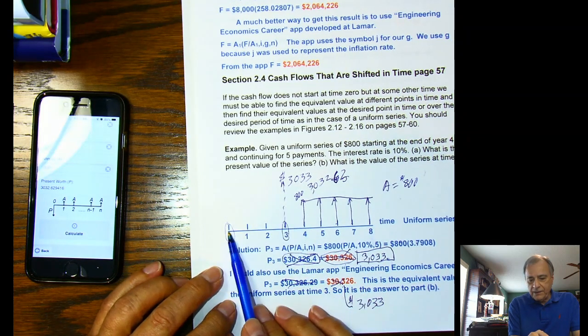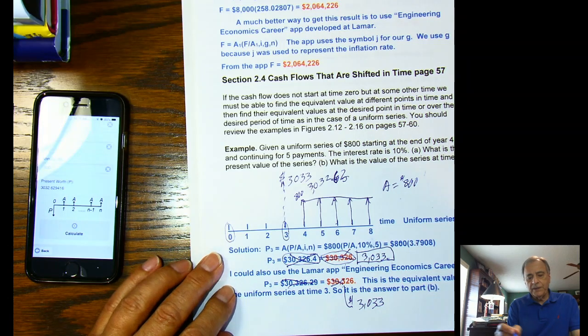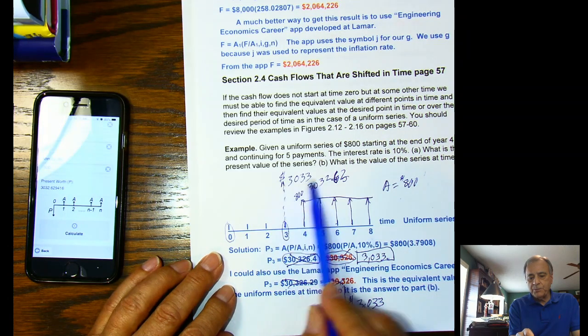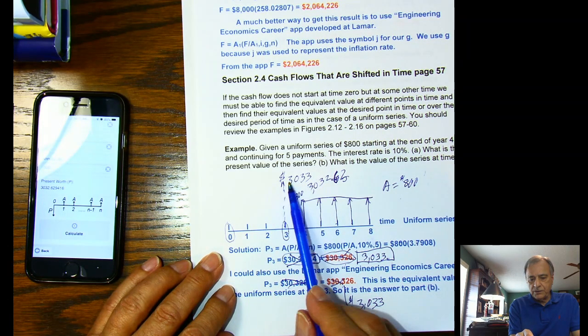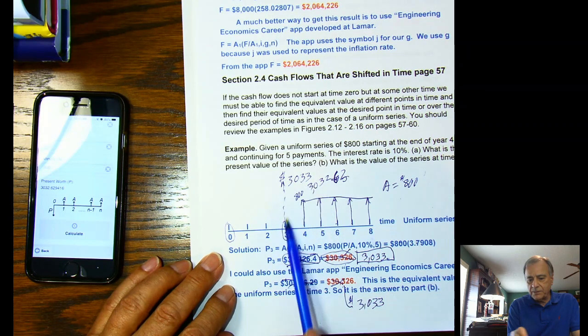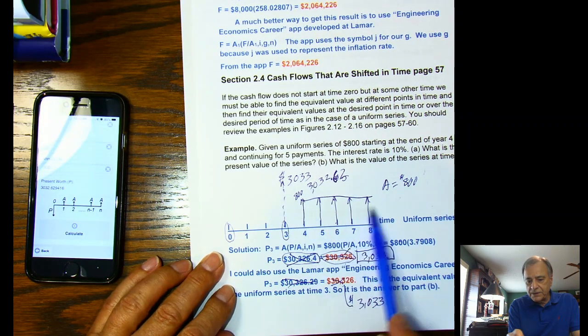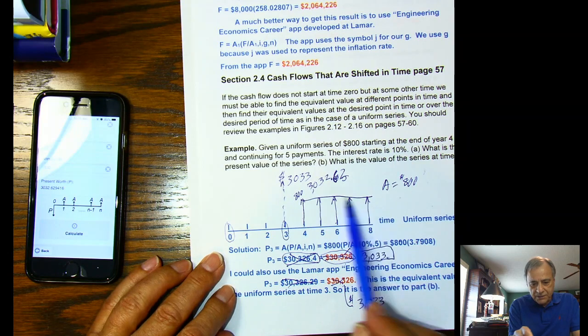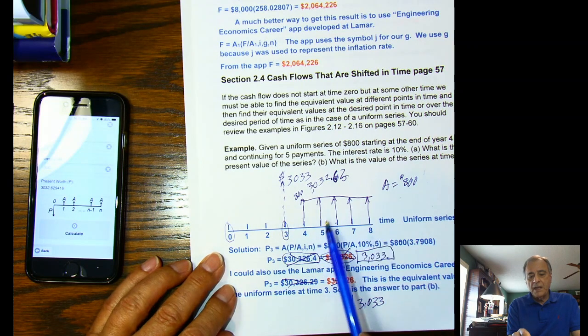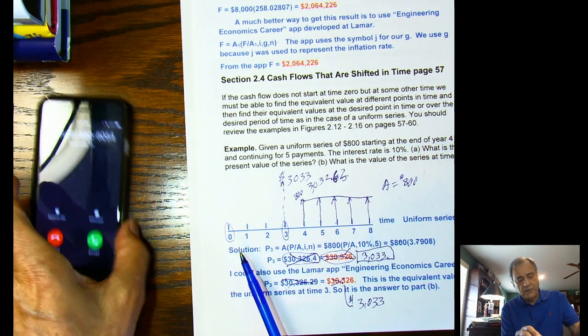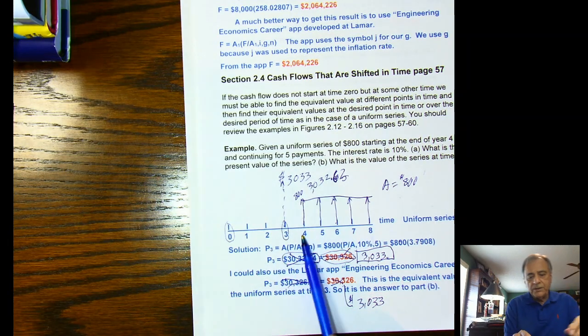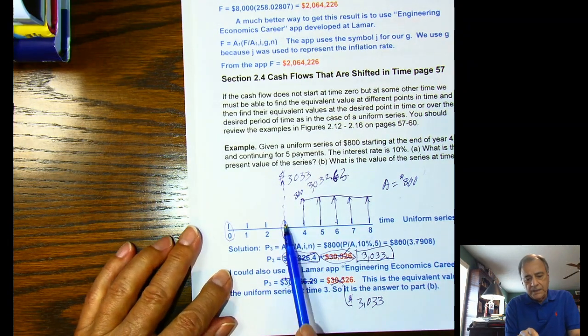Then to get the value here, we have to reorient. This value is a present value. This $3,033 is a present value relative to this series, because it's back here from the series. But relative to this time, it is a future.